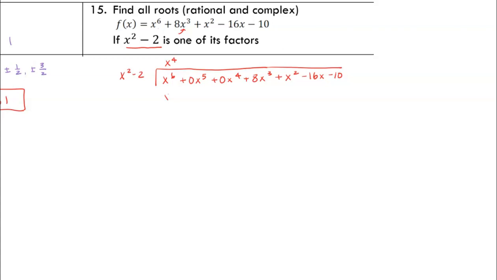x to the fourth times x squared, x to the sixth, minus 2x to the fourth. So I'm going to put it where x to the fourth belongs. Subtract.